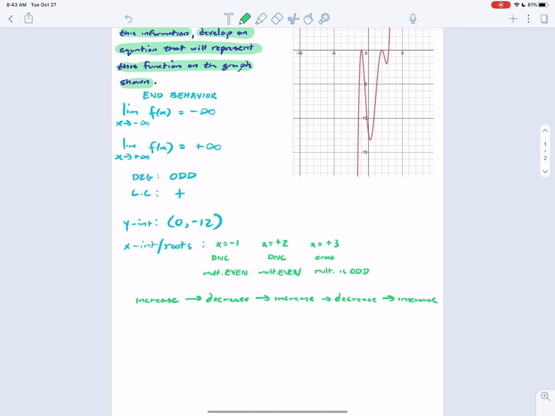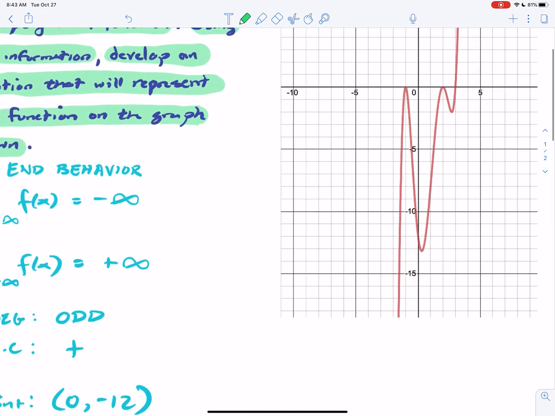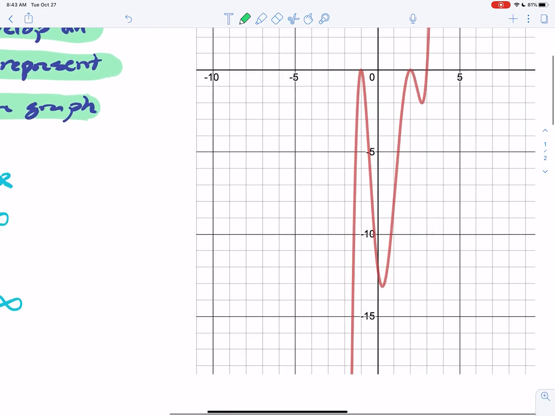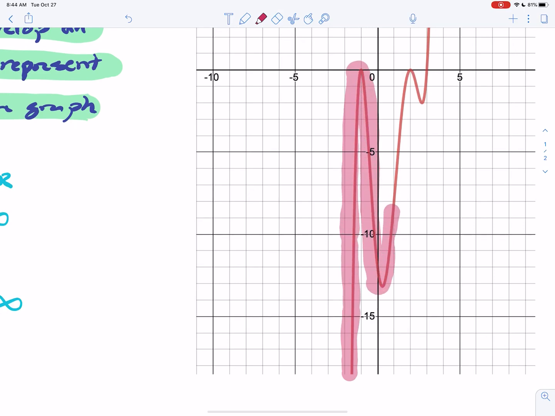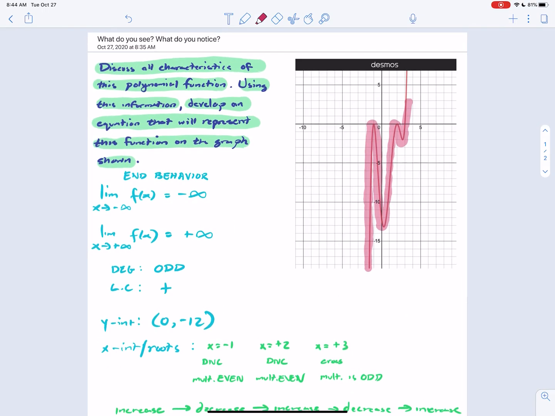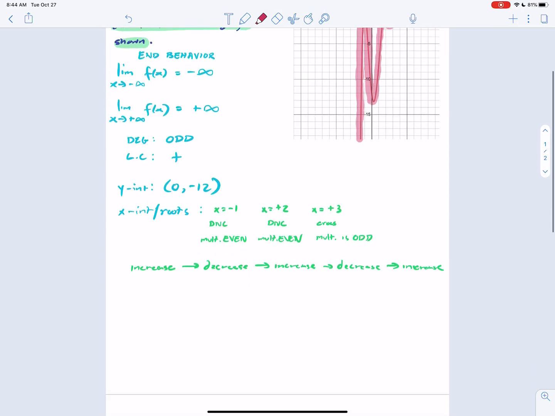So I'm describing the change in intervals here. I'm not going to mention where the intervals are because it's kind of tough to do, but basically it starts to increase, then it decreases, then it increases, then it decreases, then it increases. So I'm describing the change in intervals.